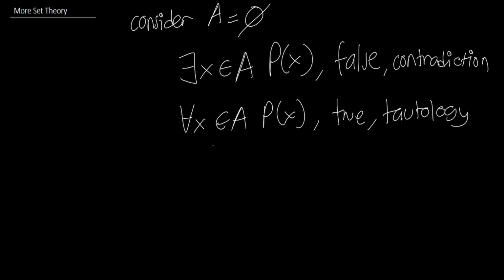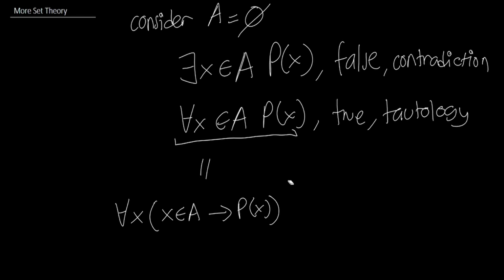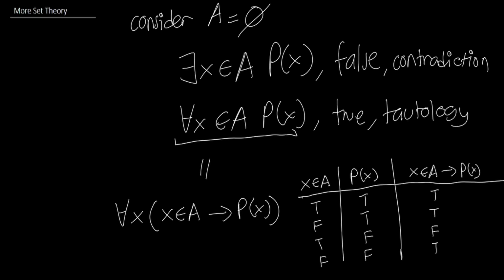Now, for the first explanation, we can represent this statement as, if you guys remember from the very start of the video, this is equivalent to this guy right here. And to show that this is a tautology, let's draw a truth table. So this is the truth table for an if-then statement.